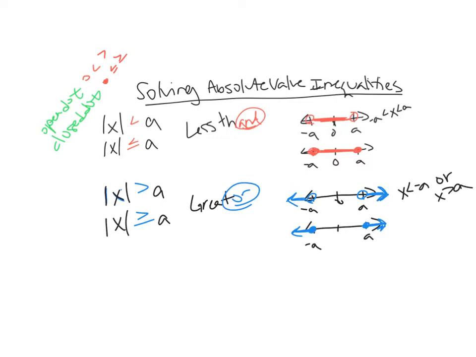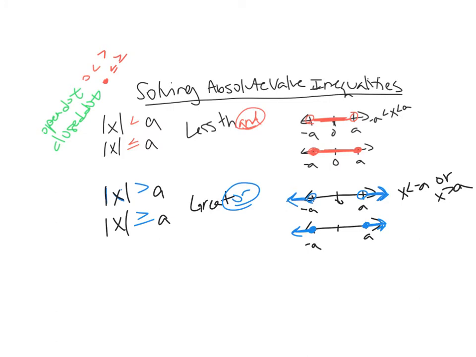It cannot occur at the same time. Now notice with less than, and is the in-between part, because it can occur. A number can be greater than negative a and less than a at the same time. So with absolute value inequalities, think less than, we're shading the in-between. Greater than, or, we're shading the exterior.